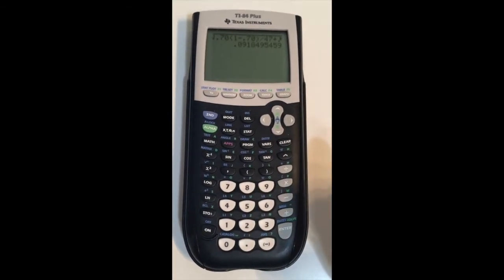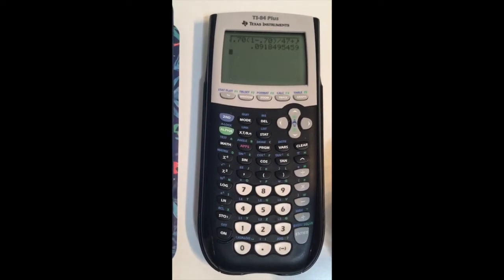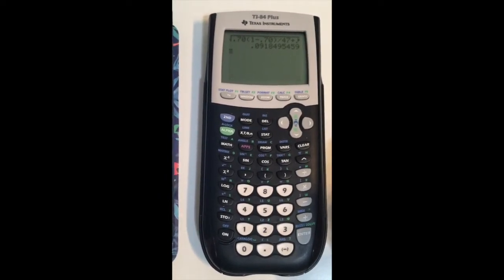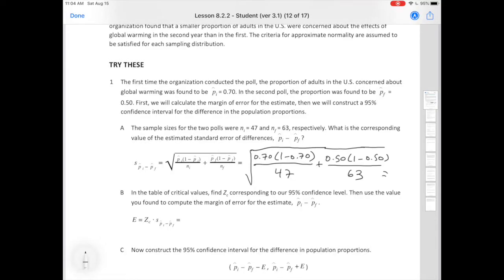When I hit enter here, I get 0.092 after we round to the third decimal place. This is the standard error, I should say the estimated standard error, because we're using the sample proportions.